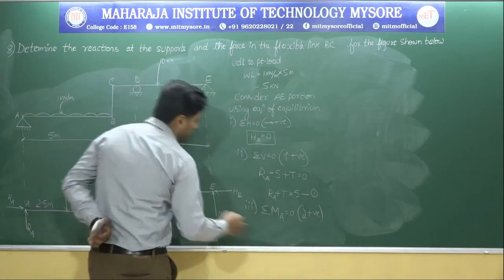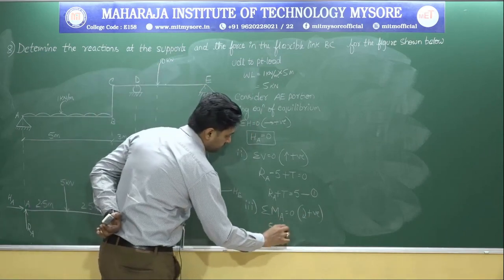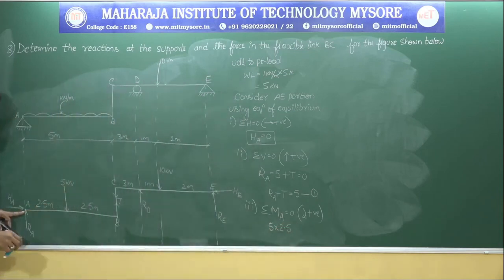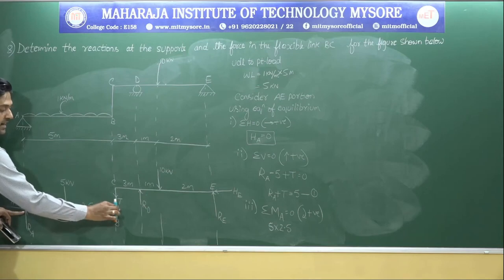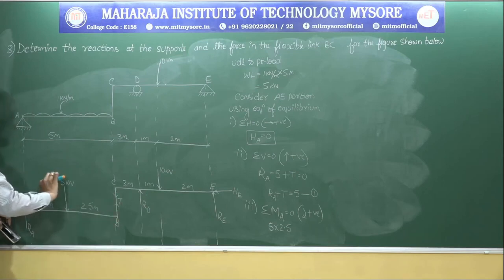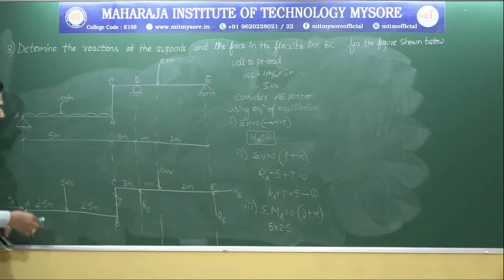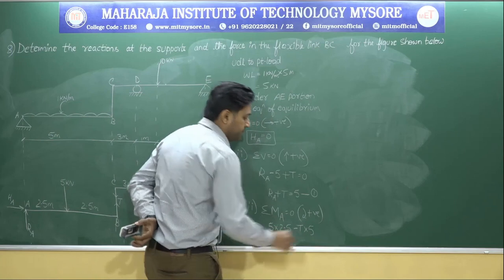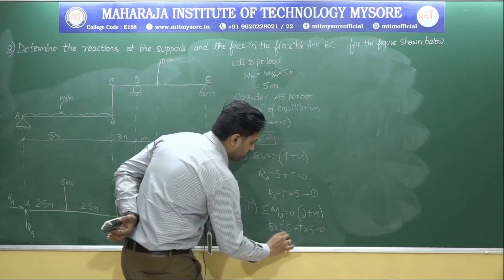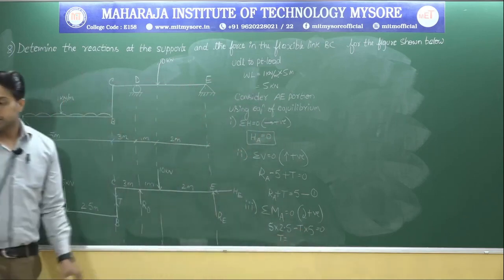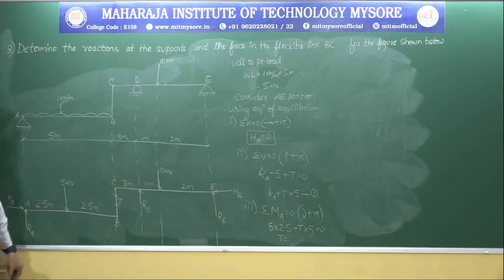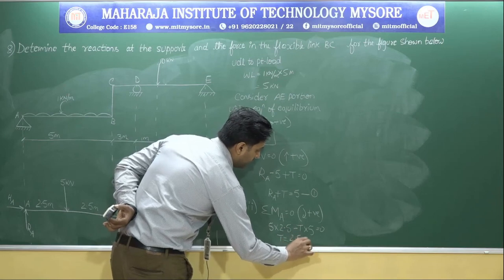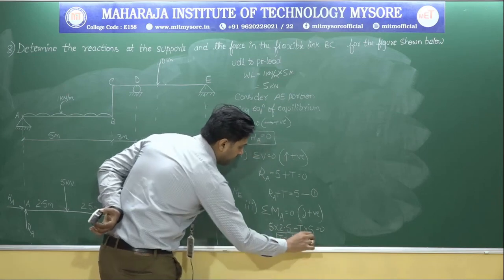So it's 5 into 2.5. Next, observe here. I want moment about this point. A tension force is acting in upward direction. This force needs to go and touch in anticlockwise direction. So minus T into 5 is equal to 0. So finally, what will be the value of T? The value of T will be 2.5 kilonewton. So we have calculated the value of T.